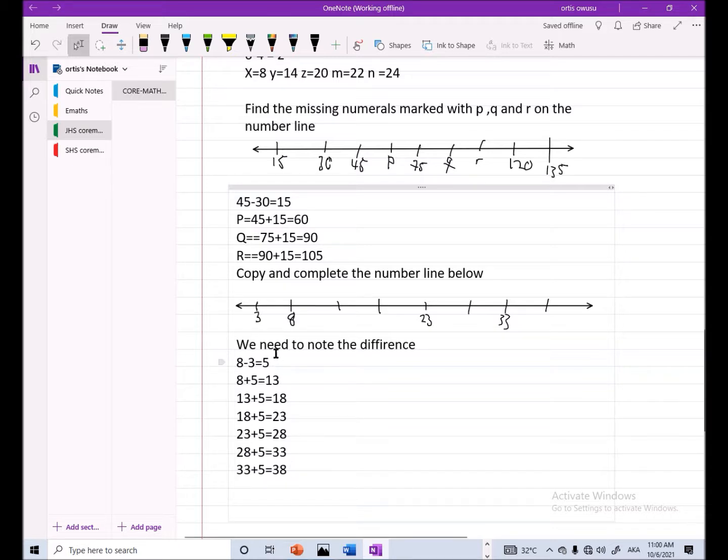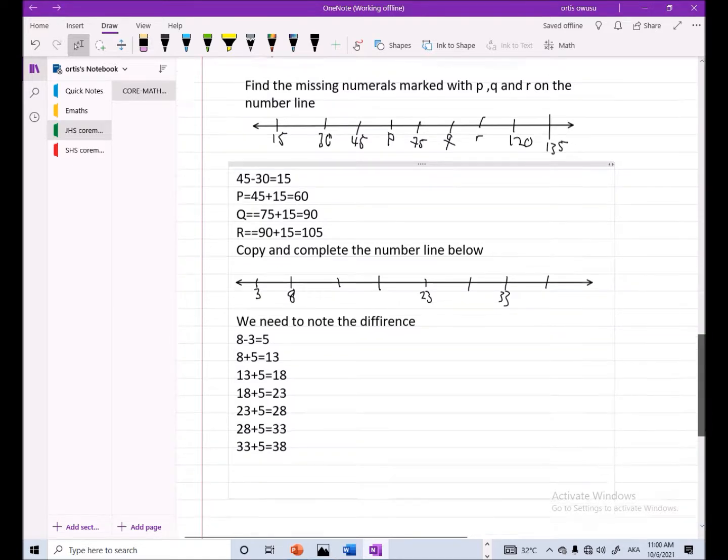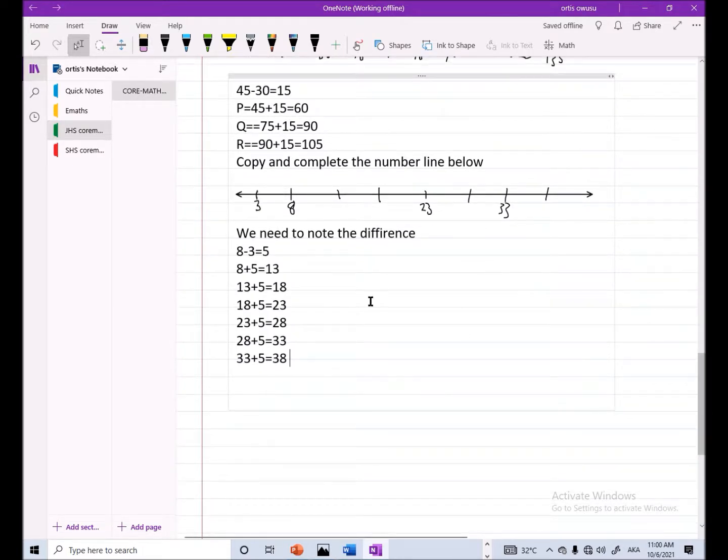Alright, so now I know my range. So from 3 to 8 to 13 to 18 to 23 to 28 to 33 to 38. So simple and cheap, right? Very simple and cheap. So when I find my difference, that's it.